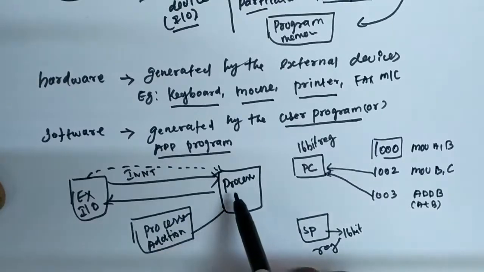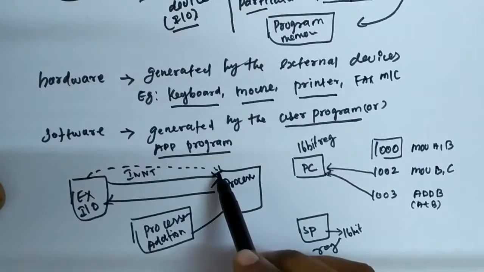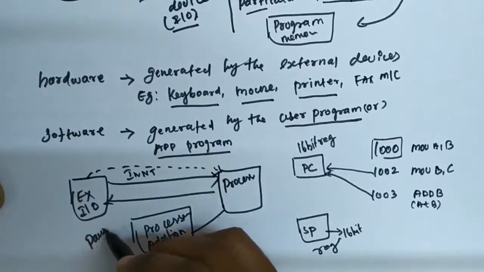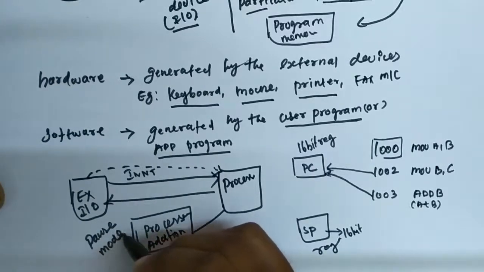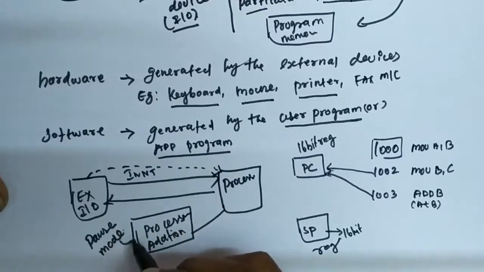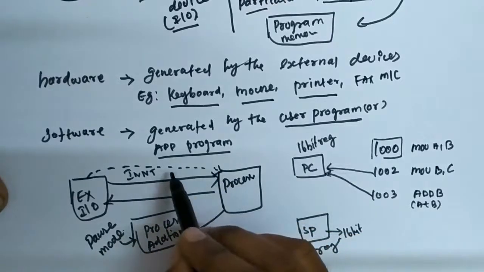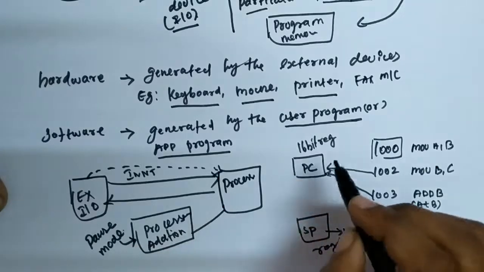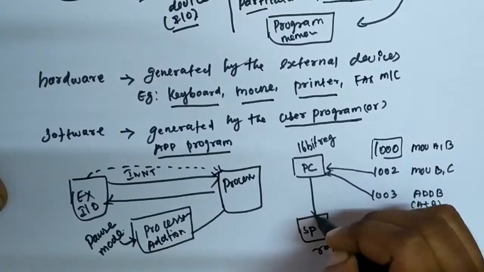When the processor receives the interrupt signal, the currently executing operation enters pause mode. It gives importance to the interrupt signal. At that time, the content available in the program counter is copied into the stack pointer.